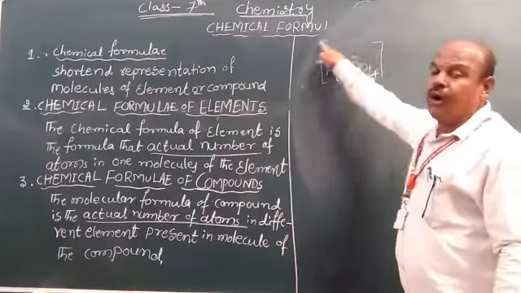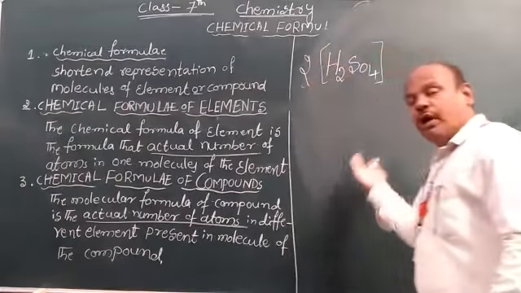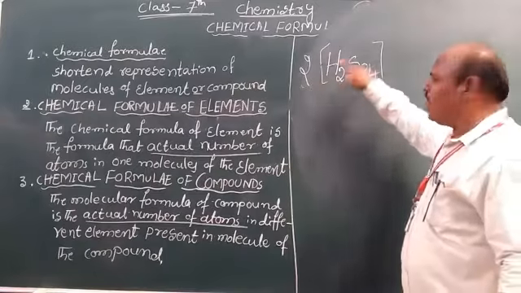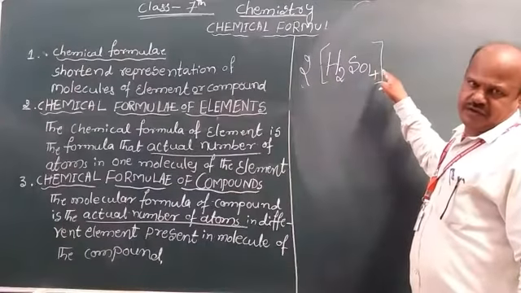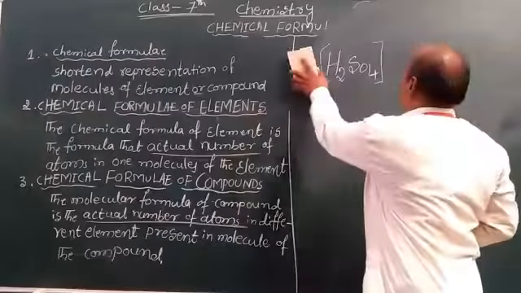If you want to multiply, it is 2 molecules of sulfuric acid. This is the chemical formula of a compound.